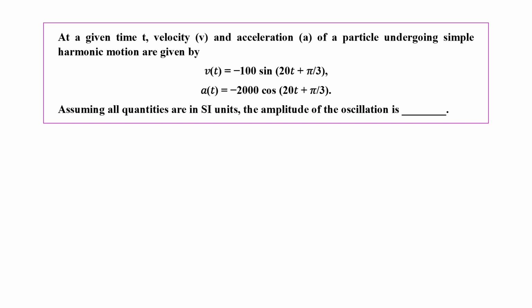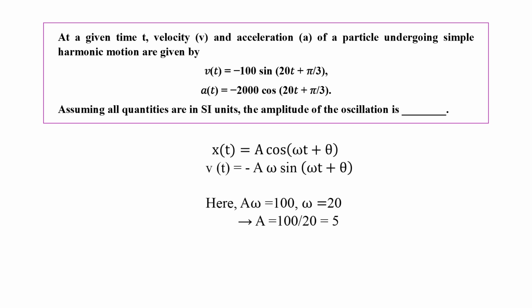The next question says, at a given time t, the velocity and acceleration of a particle undergoing simple harmonic motion, that is SHM, are given by, assuming all the quantities are in SI units, the amplitude of oscillation is. Now, we can think of it as x(t) equals a cos(omega t plus theta) and v(t) is equal to minus a omega sin(omega t plus theta).